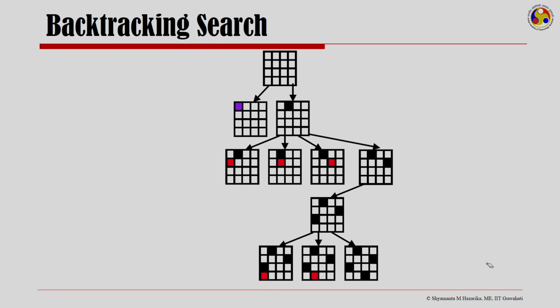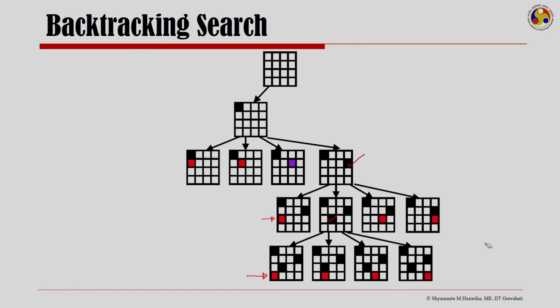So, we backtrack, and now where do we backtrack? We need to understand that we have already looked at all possibilities for the second queen given the first queen. So, we must backtrack to start with another position for the first queen.